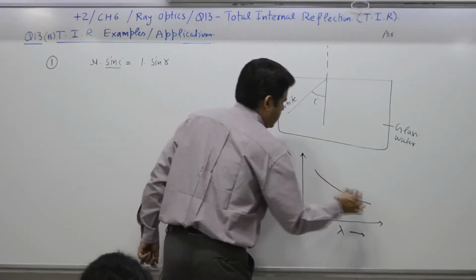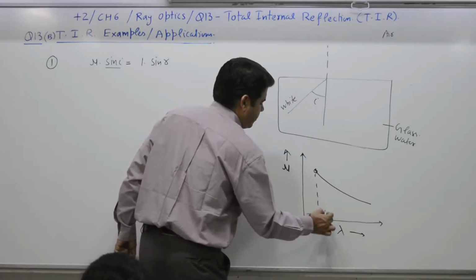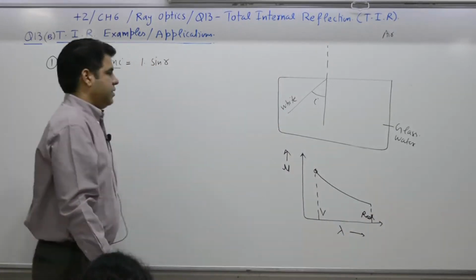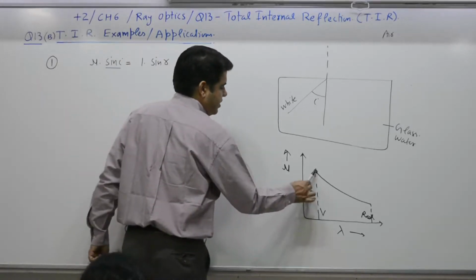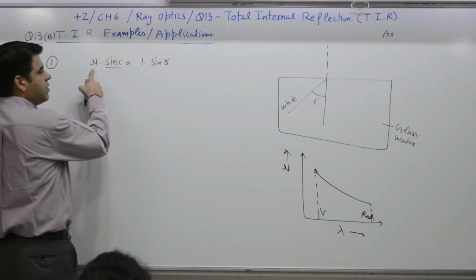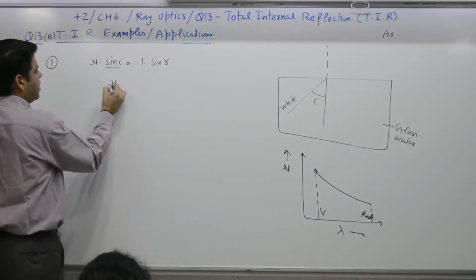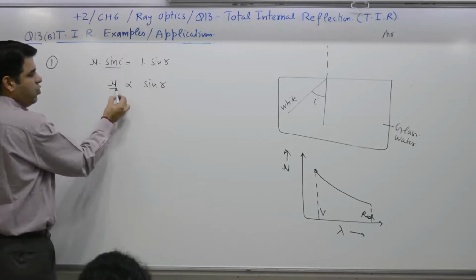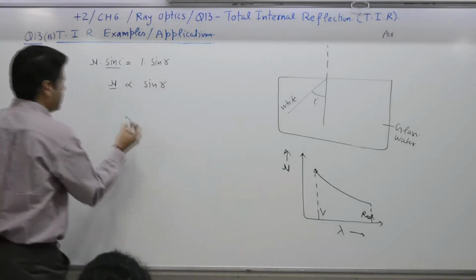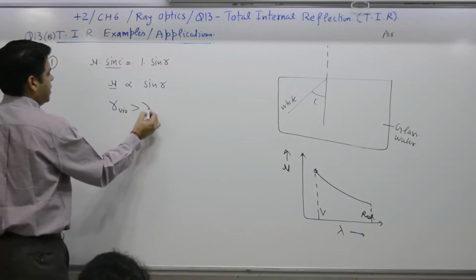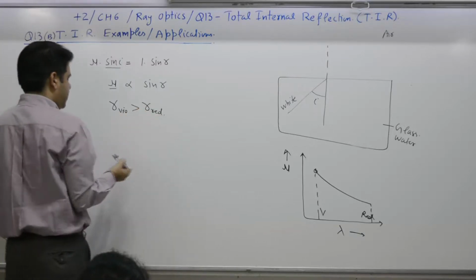Refractive index depends on lambda. This is for violet, this is for red. At this point, nu is maximum for violet. So nu is proportional to sine r. Nu is more for violet color, so r is more for violet color in comparison to red color.